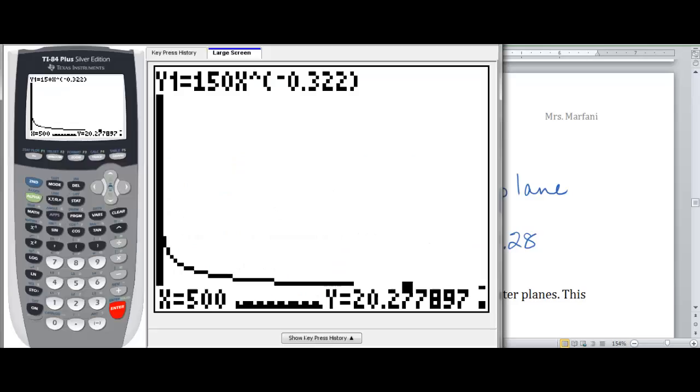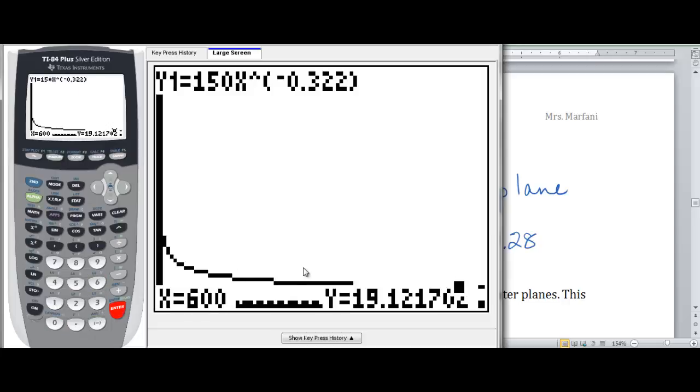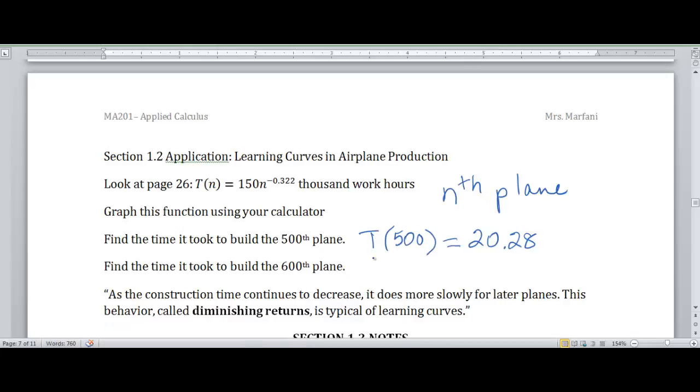So then you can do this. And then let me do the other one while I'm here. 600, which is 19.12. And that's 1,000 work hours, right? Okay.